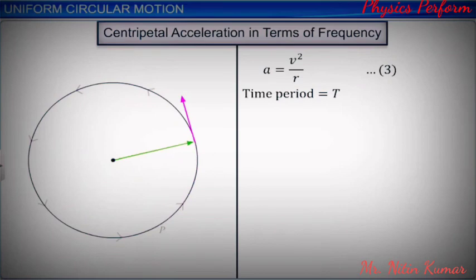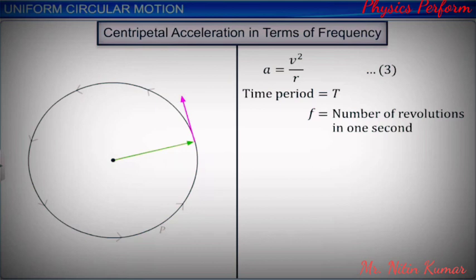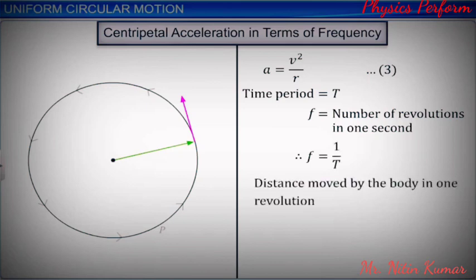V is equal to 2 pi r by T. On substitution, we get V is equal to 2 pi r f. Omega is equal to 2 pi f. Substituting the values in equation 3, we get a_c is equal to 4 pi square f square into r.